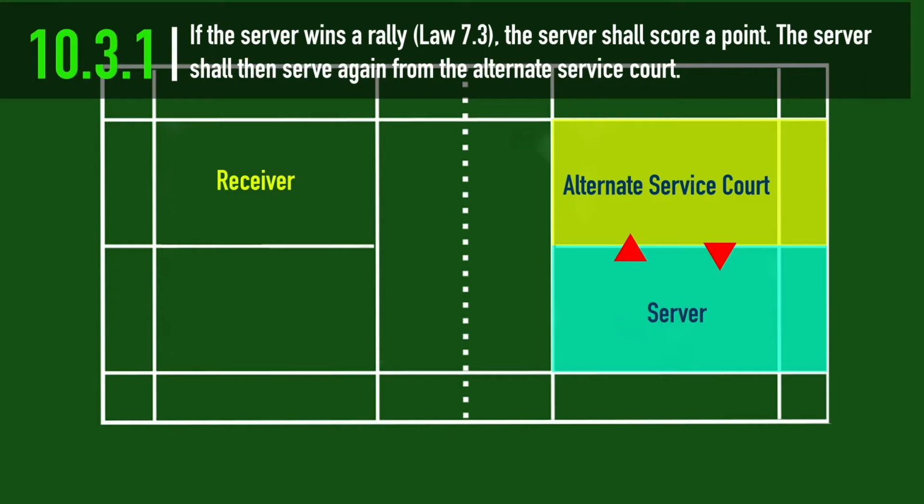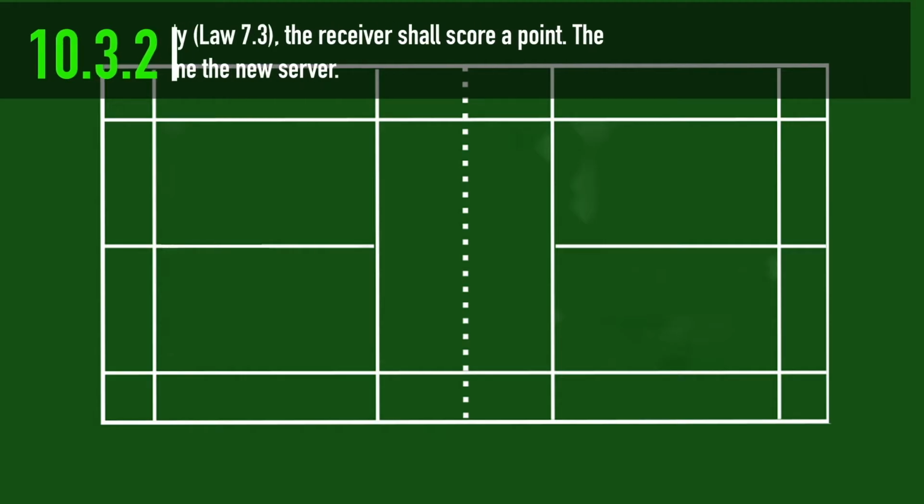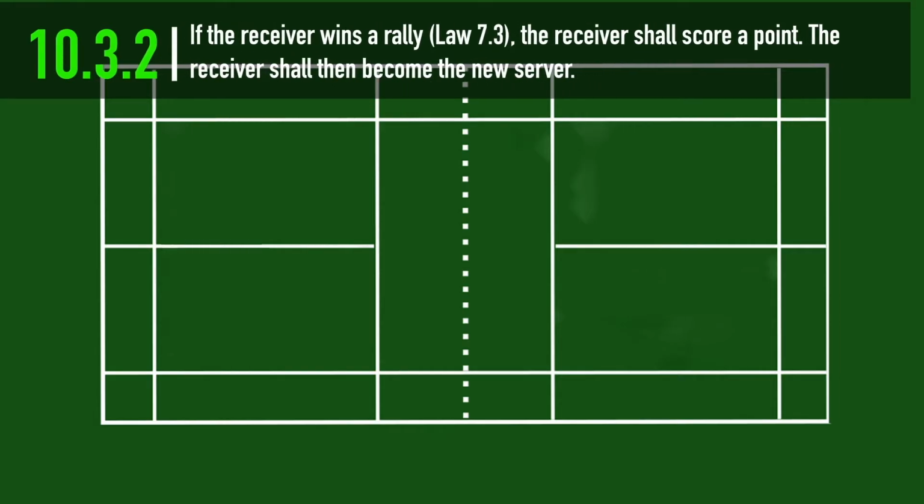The server shall then serve again from the alternate service court. 10.3.2. If the receiver wins a rally, the receiver shall score a point. The receiver shall then become the new server.